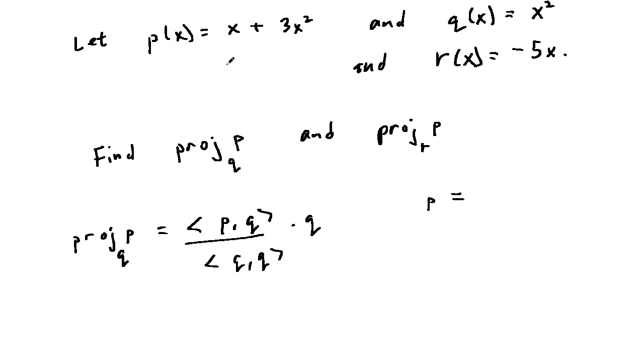Here it has no constant term, so that's 0, plus 1x, plus 3x squared.